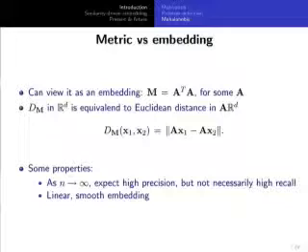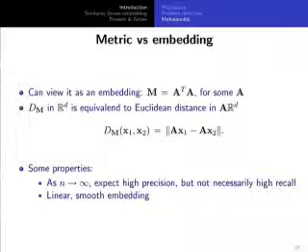You can think of it as applying rotation and scaling defined by matrix A on your data and then simply computing Euclidean distance. So hopefully it's clear that it's equivalent. And if you think about it this way, it becomes clear that you have a linear and smooth embedding, which is why it is relatively easy to learn, but it is also potentially very limited in how it can embed the data.